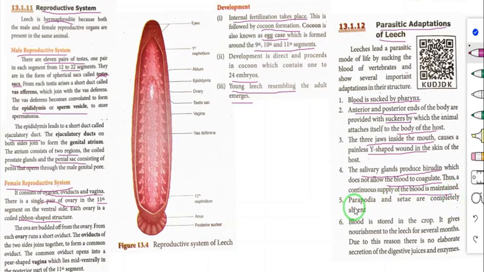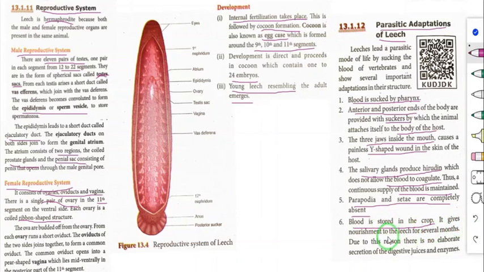Parapodia and setae are completely absent. There is no parapodia and no setae. Blood is stored in the crop. So in which region is blood stored? In the crop. The crop has 10 chambers. Inside the crop, the chambers as well as the diverticular region, the blood is stored.